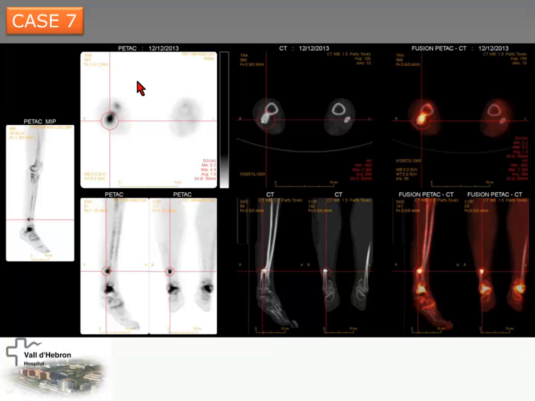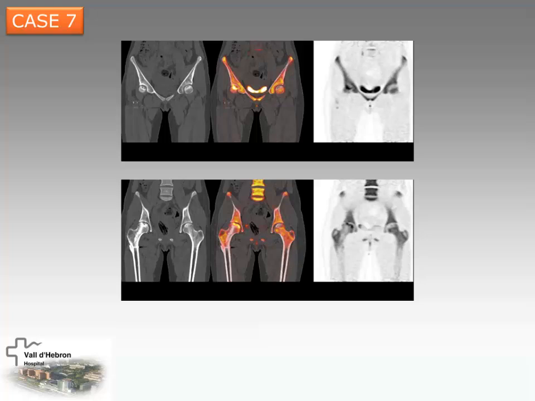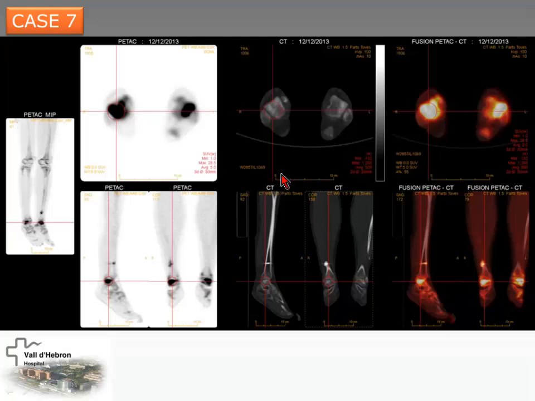And what can you see more here? Is this normal? This is at the level of the hips, and you can see very well the repermeabilization of this side. And here, what's that?